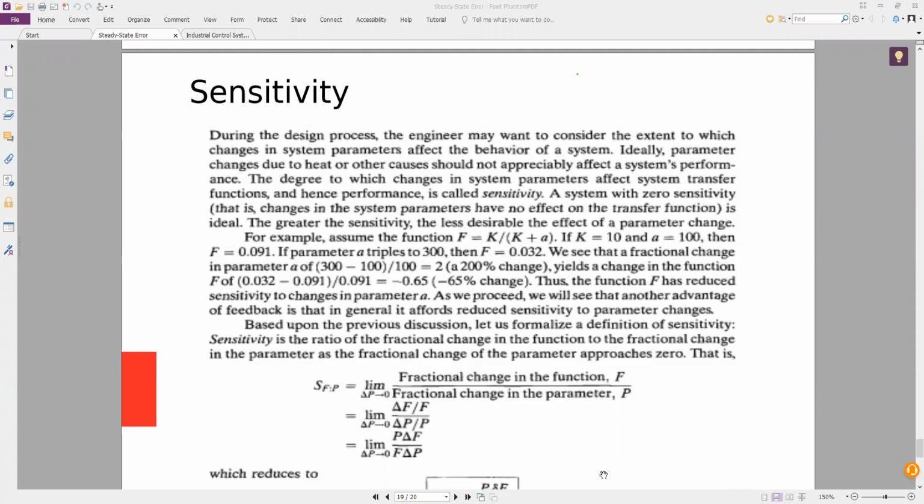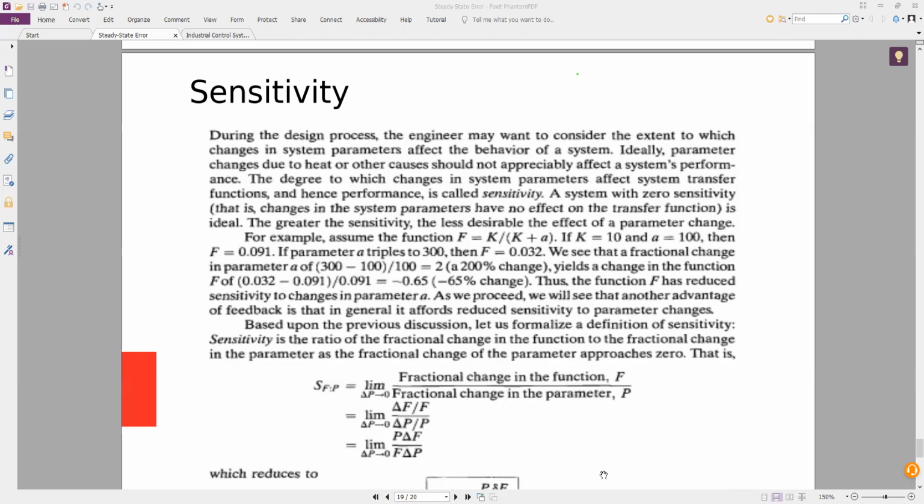The degree to which changes in system parameters affect system transfer functions is called the sensitivity. Sensitivity is actually the degree at which the system can change, the maximum change. The system with zero sensitivity is ideal. The greater the sensitivity, the less desirable the effect of a parameter change.